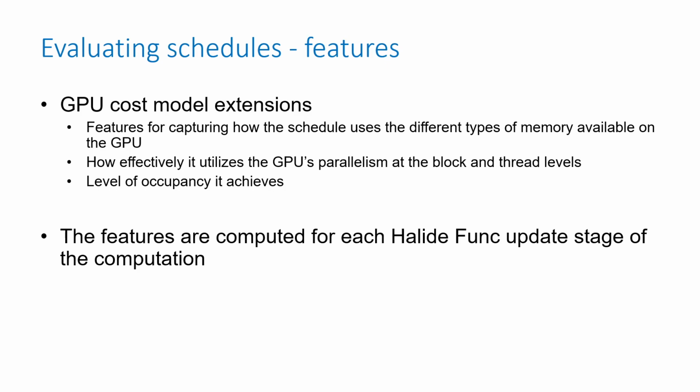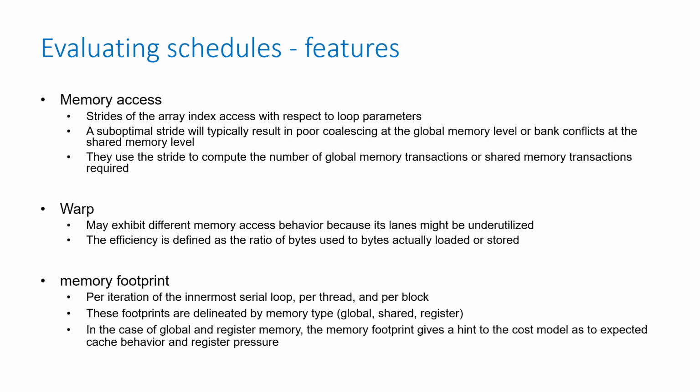The GPU extensions for the cost model capture how efficiently it is using the memory available in the GPU, and also how effectively it's using the block and thread level parallelization and the level of occupancy that it achieves. The features are computed for each Halide func, or stage of the computation of the pipeline. The cost model includes details about the memory access, the warp, and memory footprint.